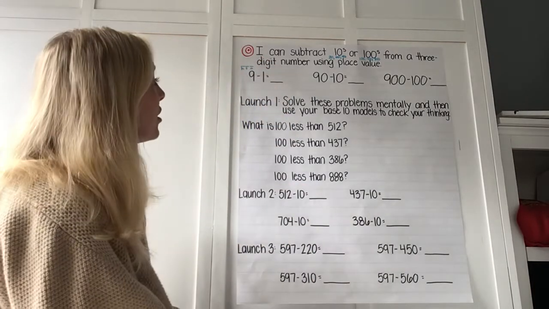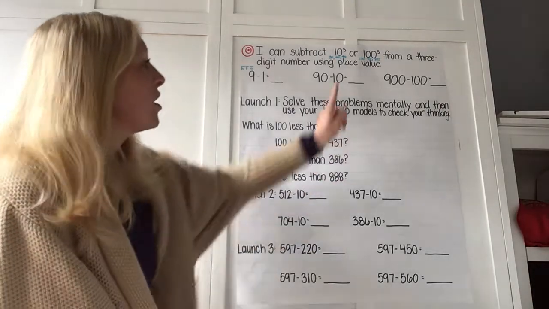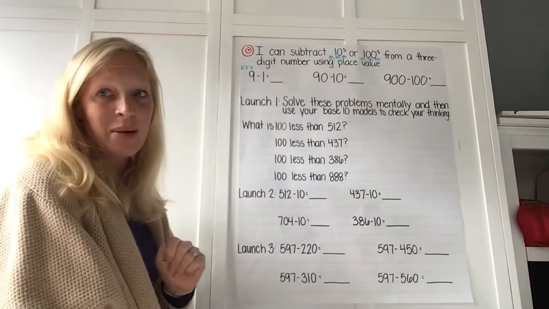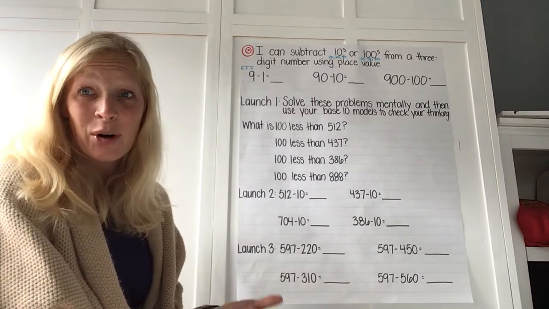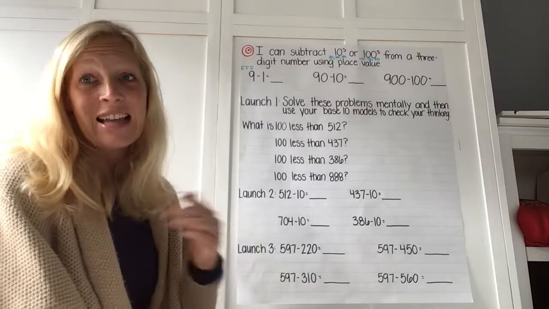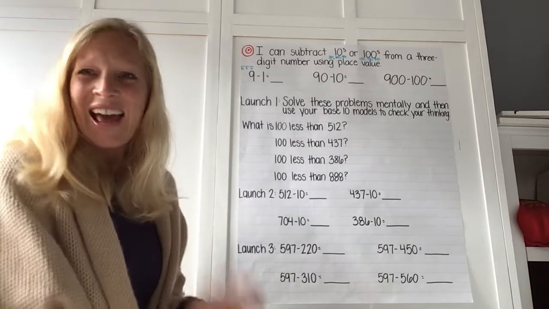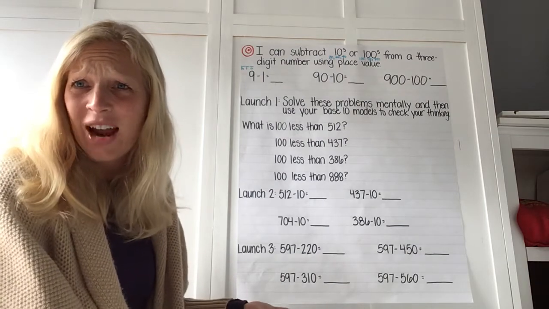So it has a number in each of those places. And we are going to use that place value. That means how much is that number in that hundreds place? How much is that number in that tens place? How much is that number in that ones place? And how can we use that to help us subtract today?